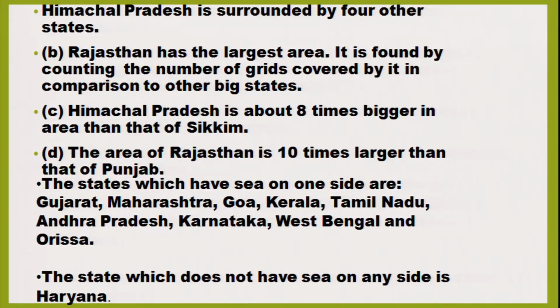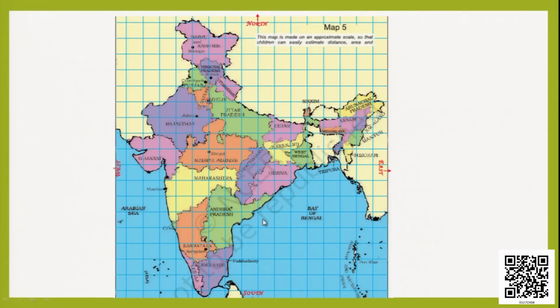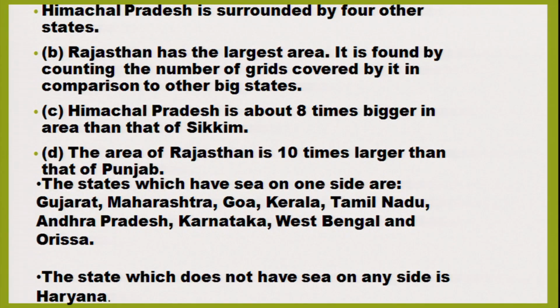Karnataka, West Bengal, Odisha, all these states share the sea on one side. And the state which does not have sea on any side, you can find out any state. These are so many states. Madhya Pradesh, it doesn't have the sea on any of its sides. Even Himachal Pradesh, even Uttar Pradesh, Bihar, there are so many states. You can name any one of them which is not having sea on its side.